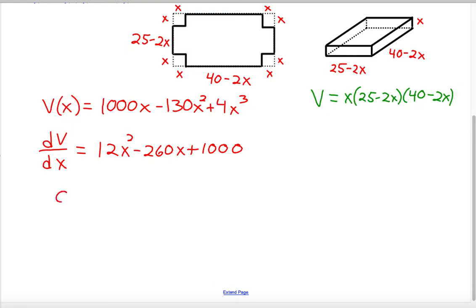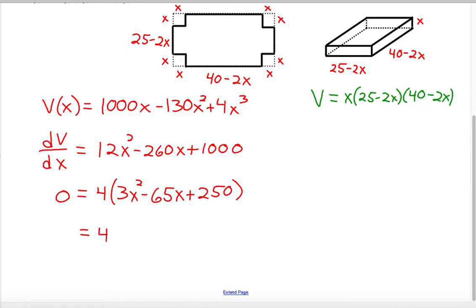So we want to set this derivative equal to 0. I could factor out a 4, and that leaves me with 3x squared minus 65x plus 250.